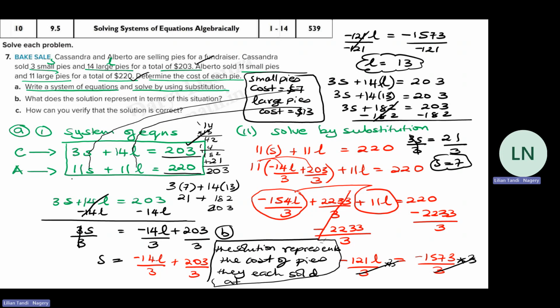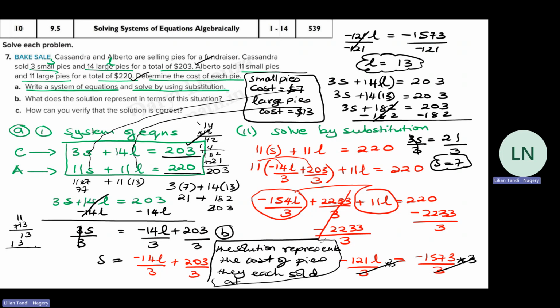That will be 11 times 7. 11 times 7 will be 77, plus, what is 11 times 13? 11 times 13 will be 143.